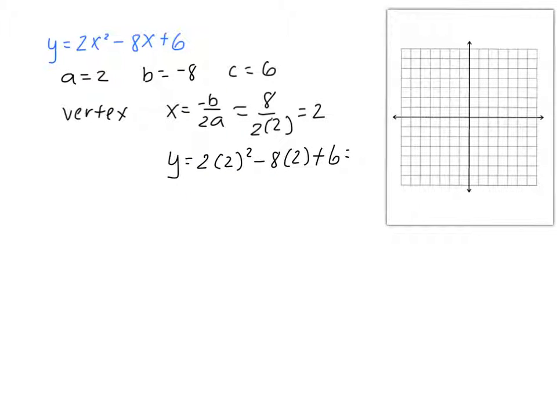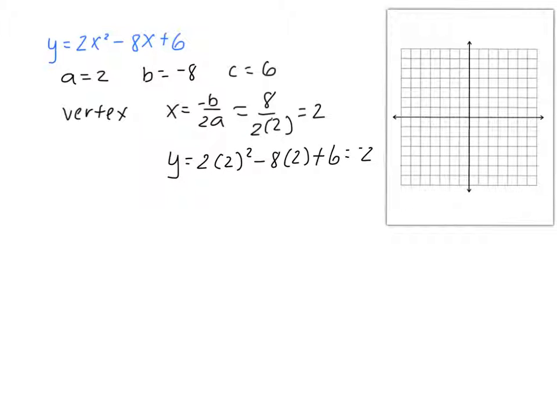You can plug that in your calculator and find the value, which is negative 2, or you can just figure it out in your head. If you're figuring it out in your head, be sure you perform your order of operations correctly. Be sure you square the 2 and get a 4, then multiply by 2 for an 8. Don't multiply first and say 2 times 2 is 4 and square that and get a 16. That will give you the incorrect answer.